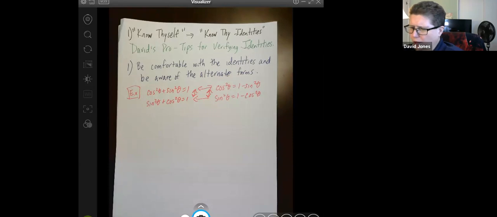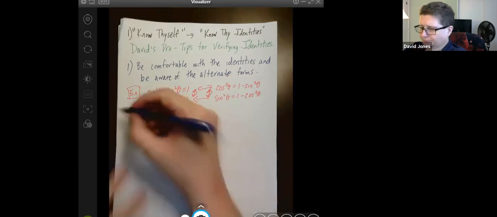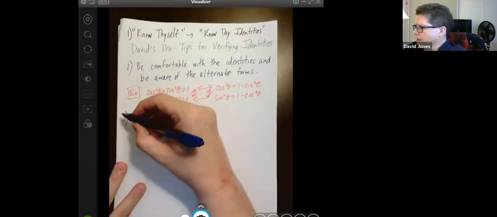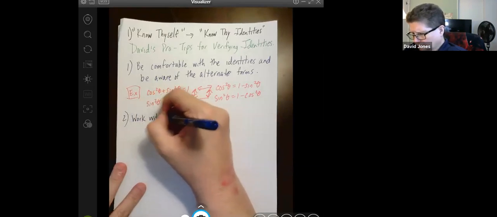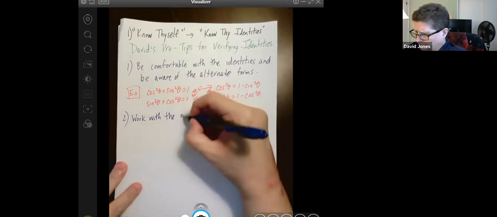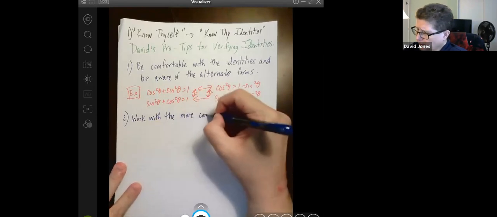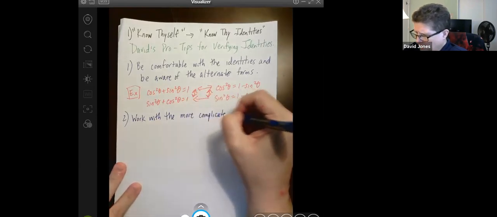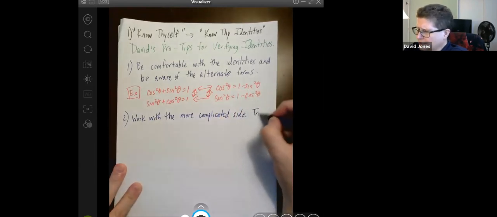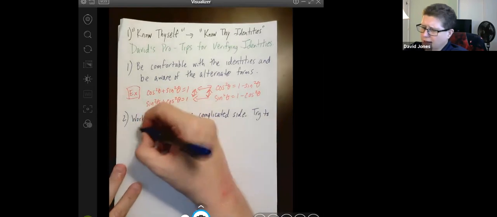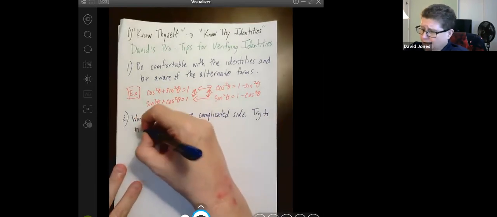Another thing to do while you're verifying these identities, work with the more complicated side. Try to simplify it to make it look like the simpler side.